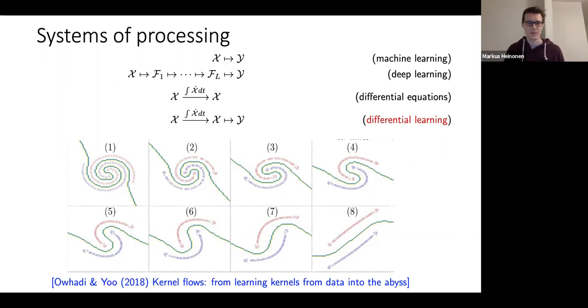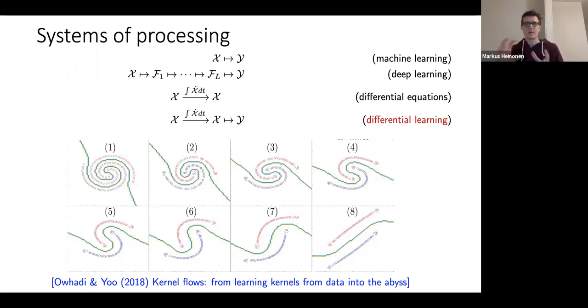And there's a beautiful paper by Ohadi and Yu from last year on kernel flows, published in the Journal of Computational Physics. These are physics people who postulated this idea that, let's say we have to do the very classic double spiral classification, classify the red points from the blue points. In one, we see a very complex discriminator.